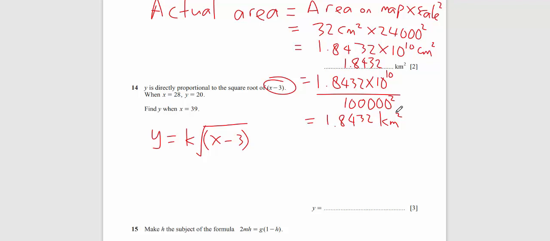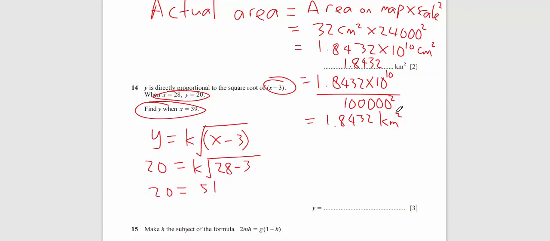Then you have to find the value of k first to answer the question they ask. To find k, they give you when x is 28, y is 20. So k will be 4.